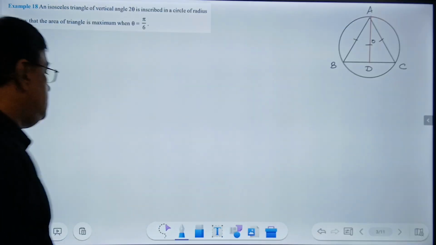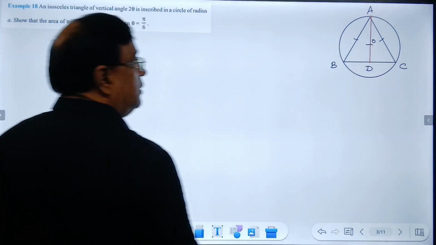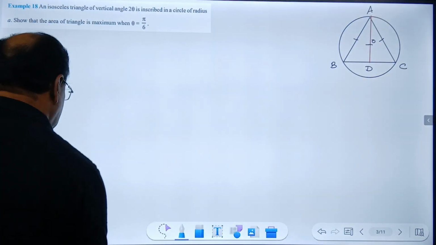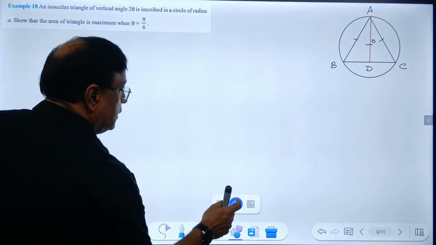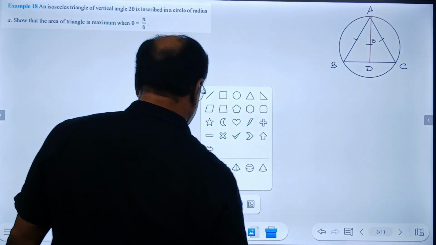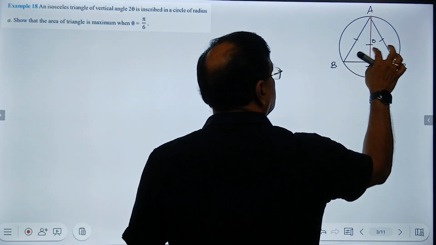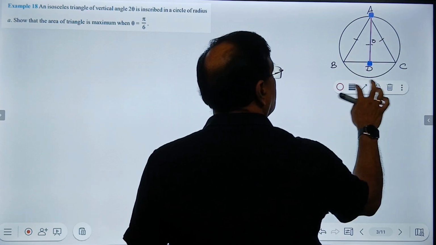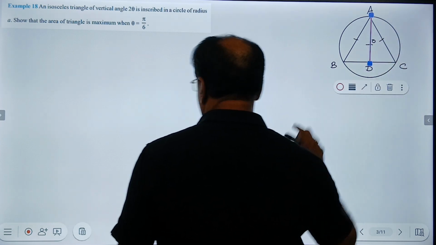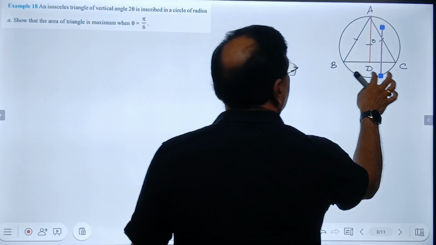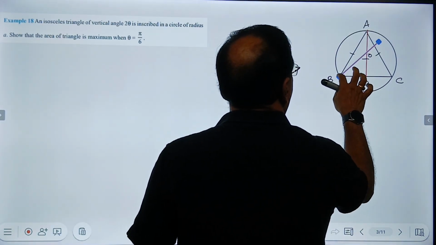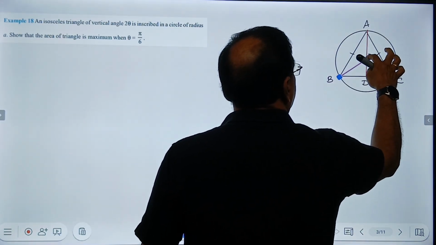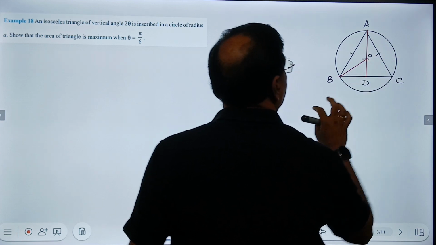Correct? Then let's look at this. Let me choose another line. Or for that matter, I'll choose this line and copy it. So this is the radius. Okay.